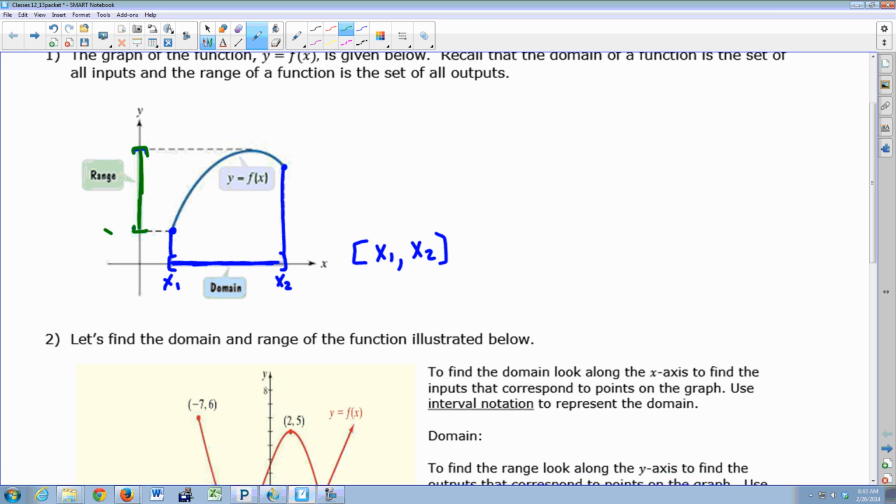So let's call that y1 to y2. So the range would be the interval y1 up to y2, and you would include the values here. If we had an open circle here, or here, then we would have an open interval. Okay, but both of these values are included. So this is a visual of the domain and range.